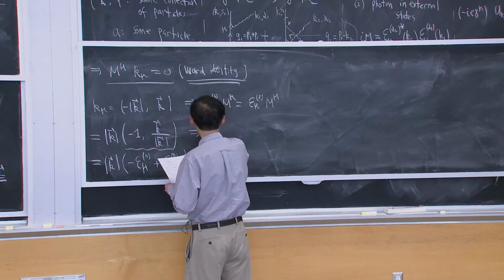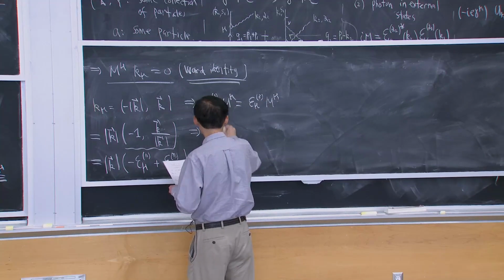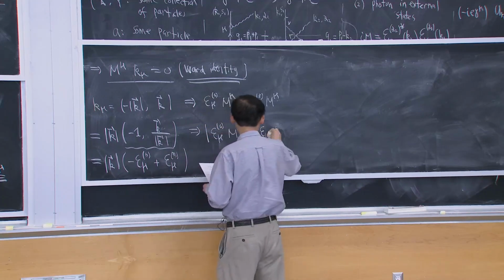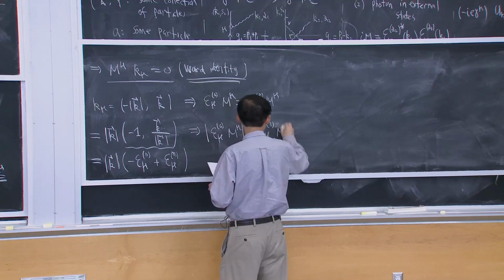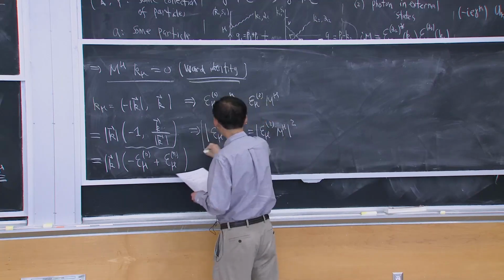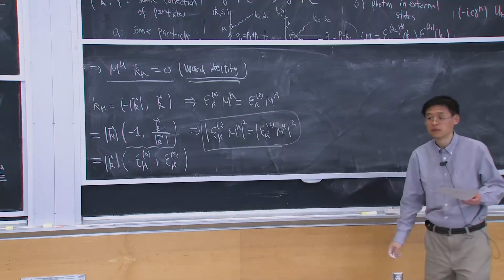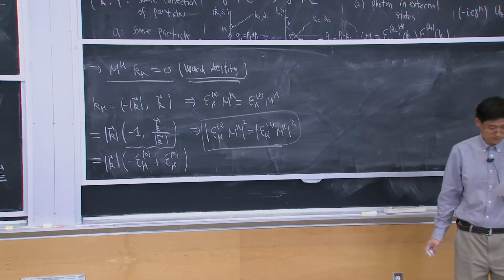So that tells you that epsilon mu 0 squared M mu squared is equal to epsilon mu 3 M mu squared. So this is the one we wanted to prove.